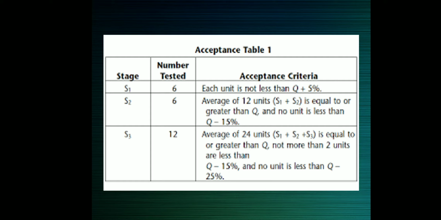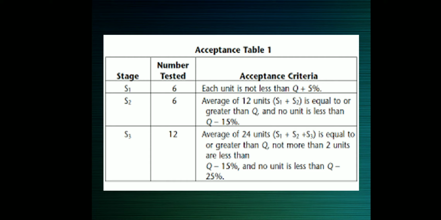So S1 is the criteria when all of the 6 tested units release drug at more than 5% above the quantity specified at that particular time limit. If that is not acceptable or that fails, then we have to go for S2. We have to test again 6 tablets, so the total number of tablets is 12.